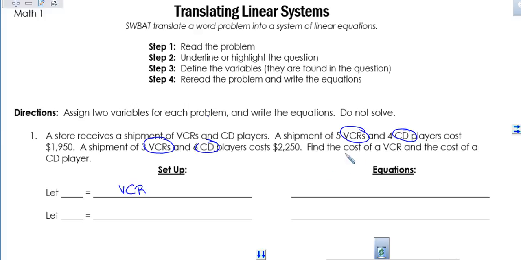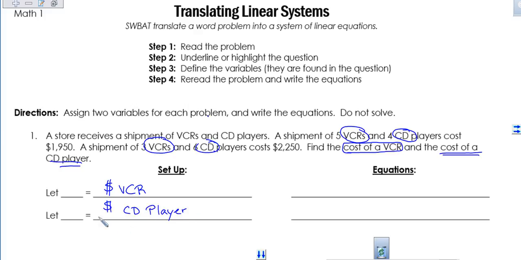It says find the cost of a VCR. That's the thing that we don't know. So it's really the cost, or the money, of the VCR. And then the other thing is the cost of a CD player. So we also need to know the money of the CD player.